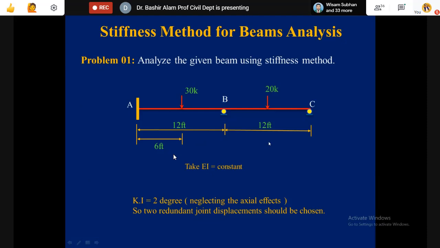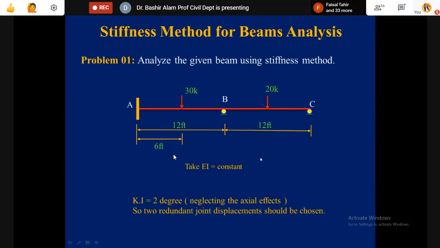So it will become 2 degrees kinematically indeterminate, with theta rotation at B and theta rotation at C. So neglecting the axial effects, that is, delta horizontal at B and delta horizontal at C, we are ignoring. So 2 redundant joint displacements should be chosen.